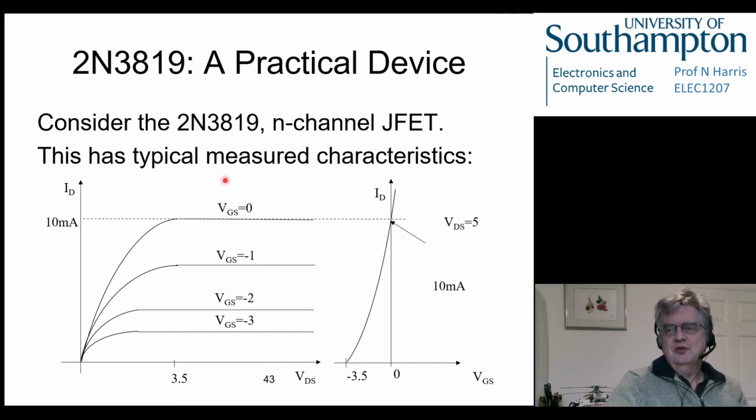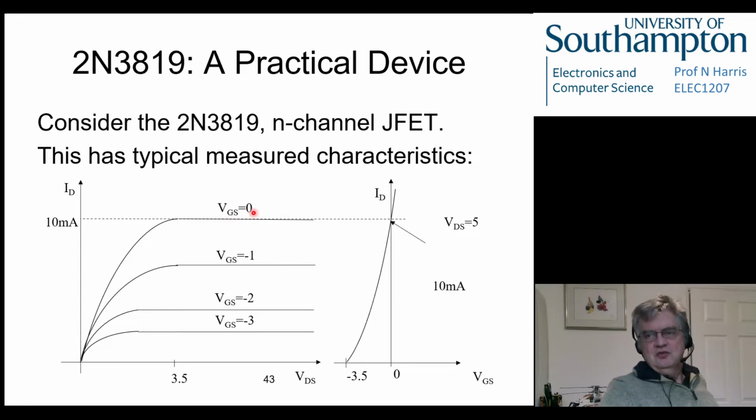So we've taken this from the data sheet, and you can see that the maximum ID we get for this JFET is when the gate is at 0, and so it's about 10 milliamps or so. So we're not talking about a power device here. This is small amounts of current. And the threshold voltage when the device is cut off from here is minus 3.5 volts.